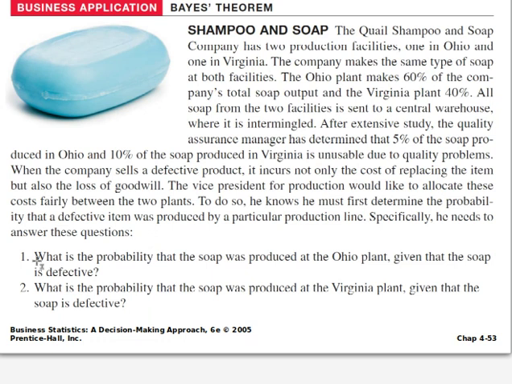What is the probability that the soap was produced at the Ohio plant, given that the soap is defective? The soap is defective is the second event. 2. What is the probability that the soap was produced at the Virginia plant, given that the soap is defective?